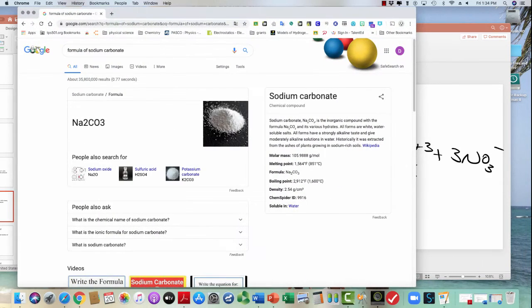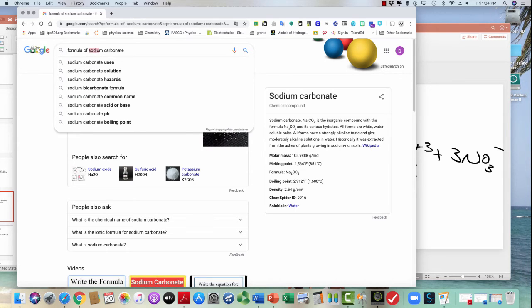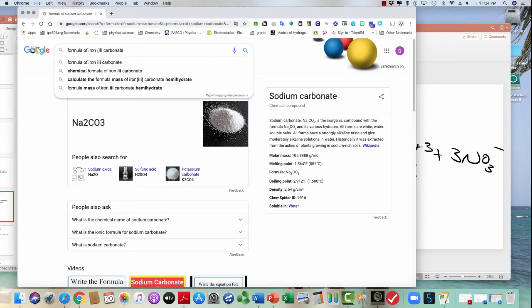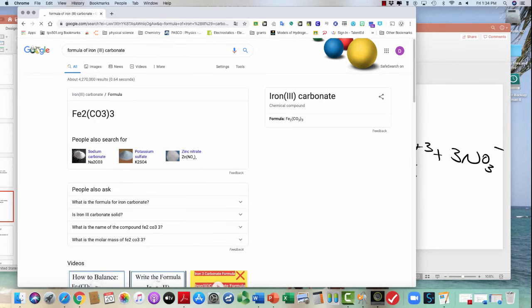Come back down here, come up here to formula, and we're going to replace the sodium with iron 3 carbonate, and oh look, there we go, Fe2(CO3)3. And this is actually fairly insoluble, so this is going to be our solid.